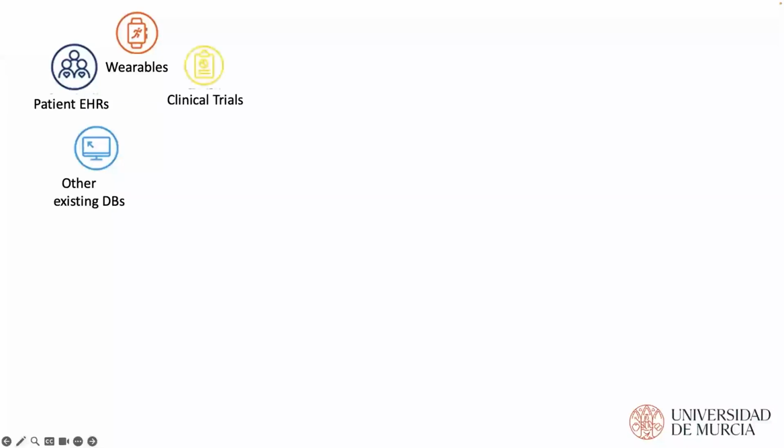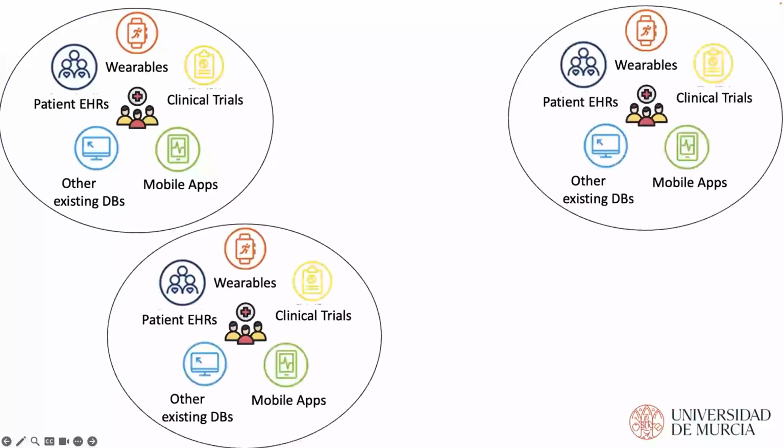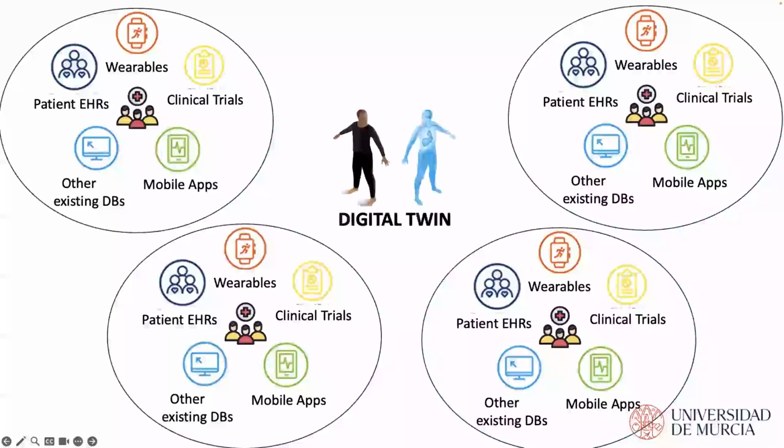We have data obtained in clinical trials, data from mobile apps, such as patient diaries, and all of them are collected across different sources, and they need to be combined to be used by the digital twin.